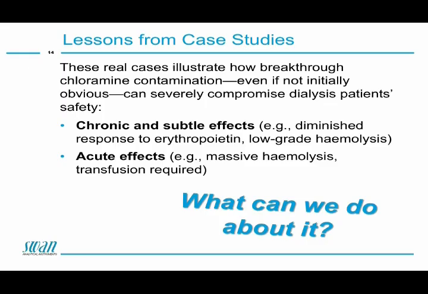So sometimes what's happening to them, whether it be slight anemia and things like that, are very mild effects, chronic and subtle effects, diminished response to erythropoietin, low-grade hemolysis, not always very obvious. Sometimes there are acute effects such as massive hemolysis or transfusion required. So just something to bear in mind.